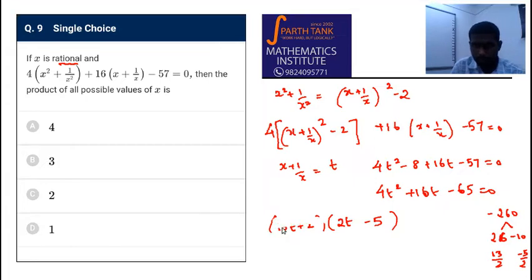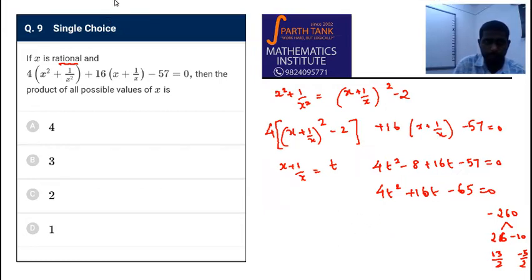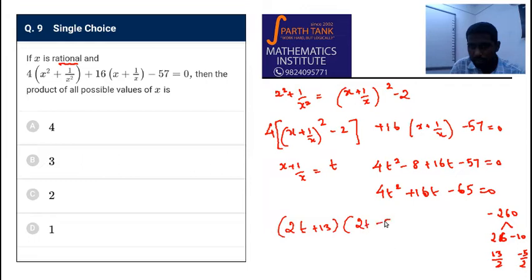This should be 2t plus 13, that is, it should be (2t plus 13) times (2t minus 5) is 0. Now this would mean 2t plus 13 is 0 or 2t minus 5 is 0.